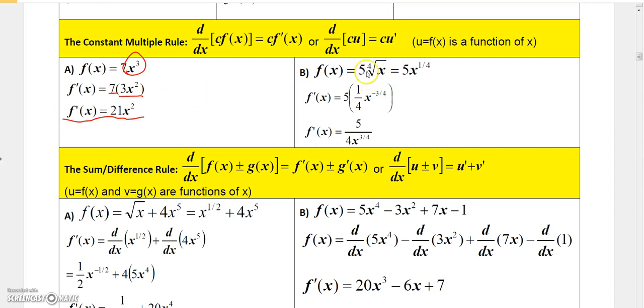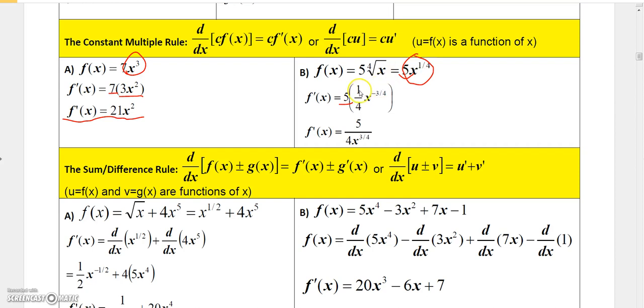Now the next one, I'm going to have to rewrite it, so I'm going to write 5 times the 4th root of x as 5 times x to the 1/4 power. Now, when I take the derivative of this, since that's a constant multiple, I would just bring this 5 down and say, okay, that's going to be 5 times the derivative of x to the 1/4 power. So how do I take the derivative of x to the 1/4? All right, I did this in my head, so stay with me here.